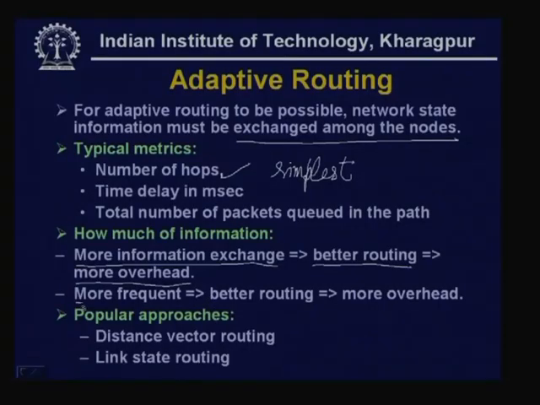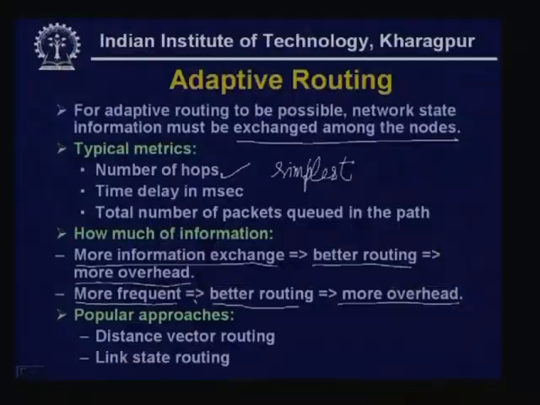Another important parameter is frequency. If it is more frequent, you can perform better routing, but it will be more overhead. That means, if the information gathering takes place more frequently, then obviously the routing will be better.